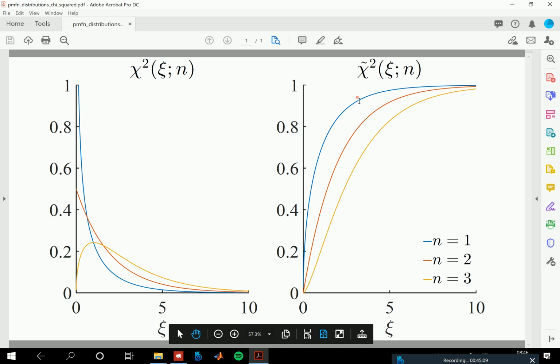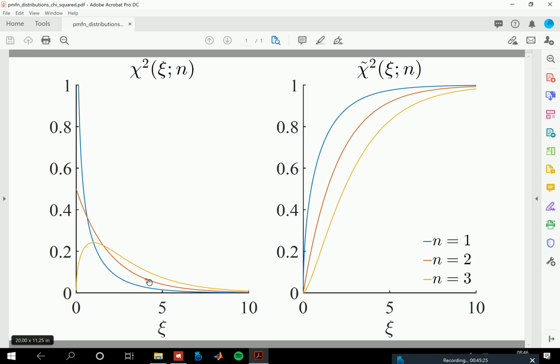You can ignore this, this is just the CDF. And here we have n equals 1, 2, 3. What I've just shown you was for one z variable. If you have 2, you get a little bit more probability density allocated to larger values, and then at one point you get these peaks. So for 3 you get peaks that are not on 0 anymore. Yeah, so these are chi-square distributions.